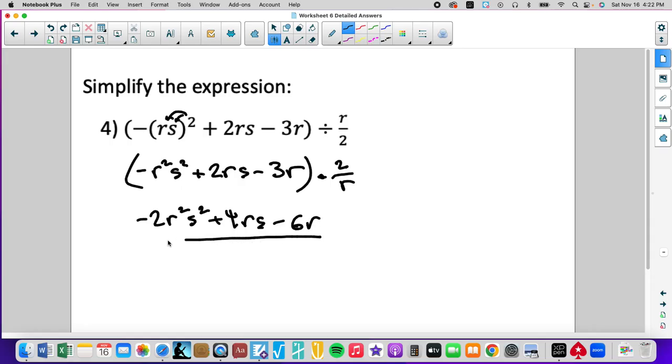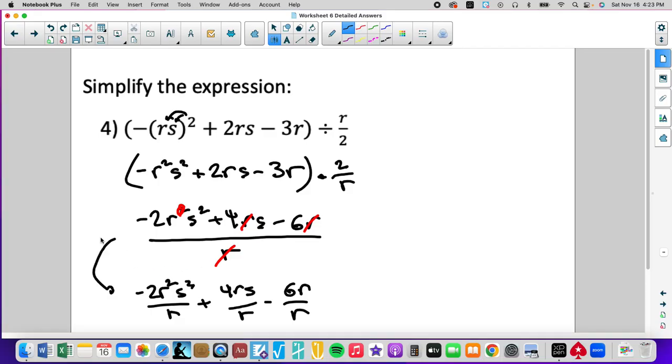Now this r needs to be divided under each of them. When you cancel it, you don't cancel just one of them; you have to cancel in each of them, because technically this is distribution. It's negative 2r squared s squared over r plus 4rs over r minus 6r over r.